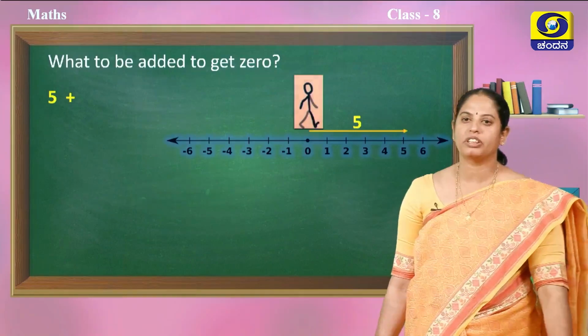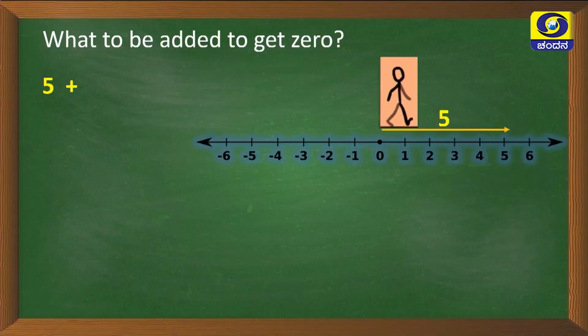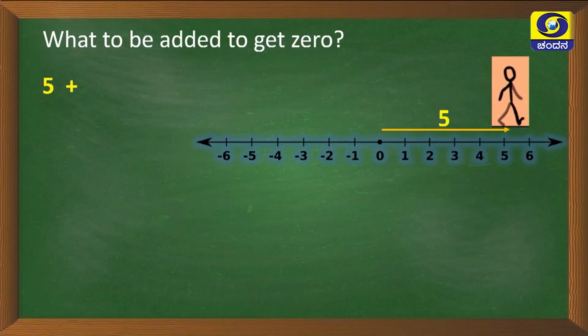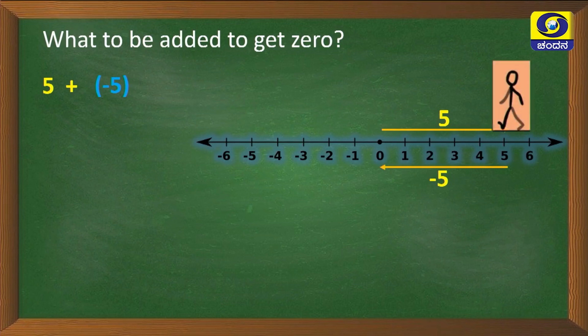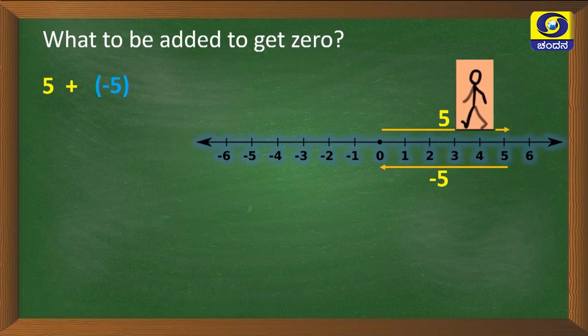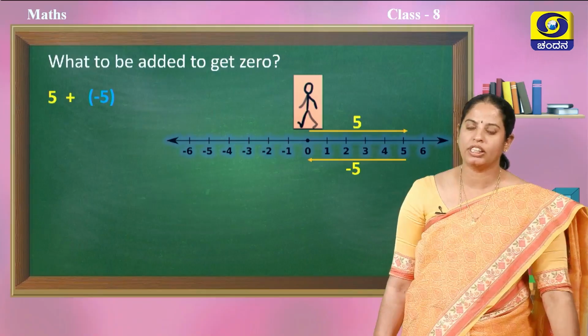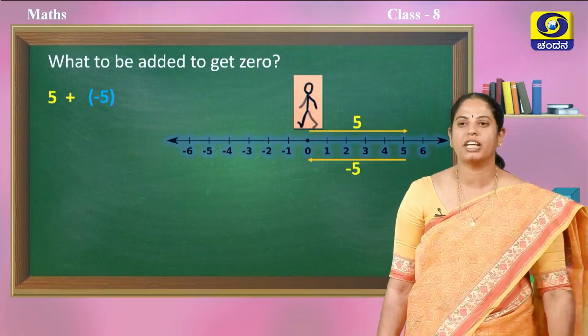Yes, observe here. Now I am going from 0 towards 5 by crossing 5 units. To come to 0, I have to come back 5 units in the opposite direction I walked.